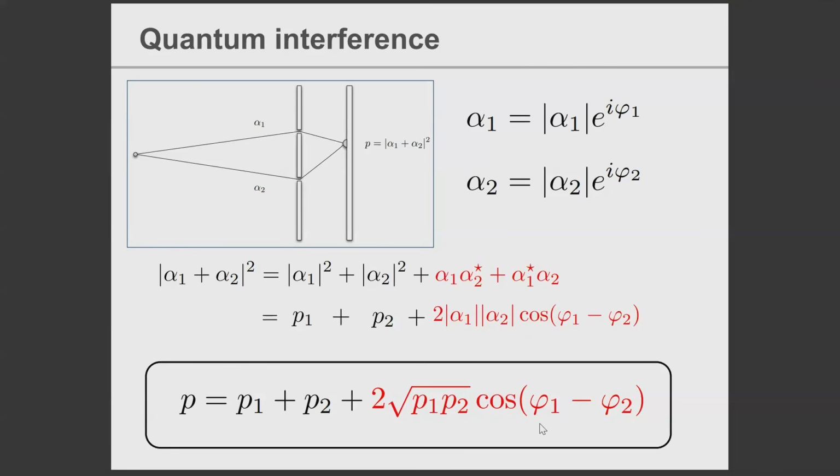So we have constructive interference where you can amplify the probability. It's more than classical probability theory would predict, but you can also make it smaller if it is negative. So you have destructive interference. So that's the one thing. That means that as compared to classical physics, quantum physics allows you to enhance things or suppress things.